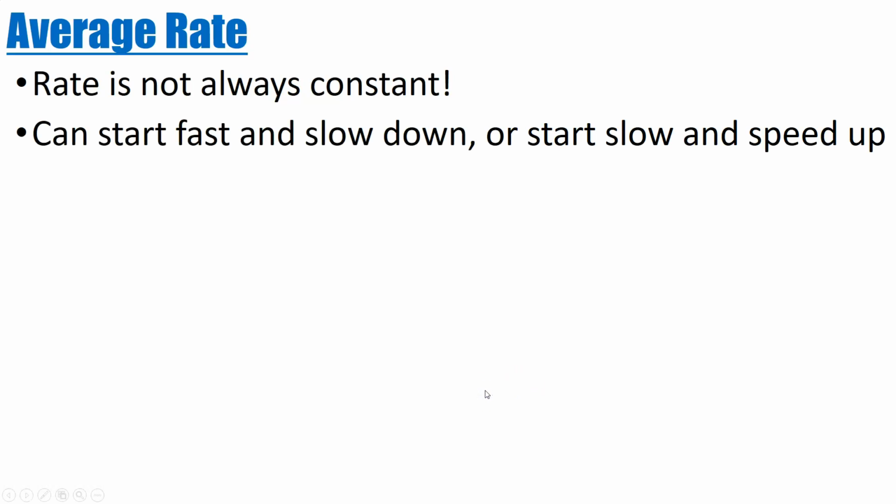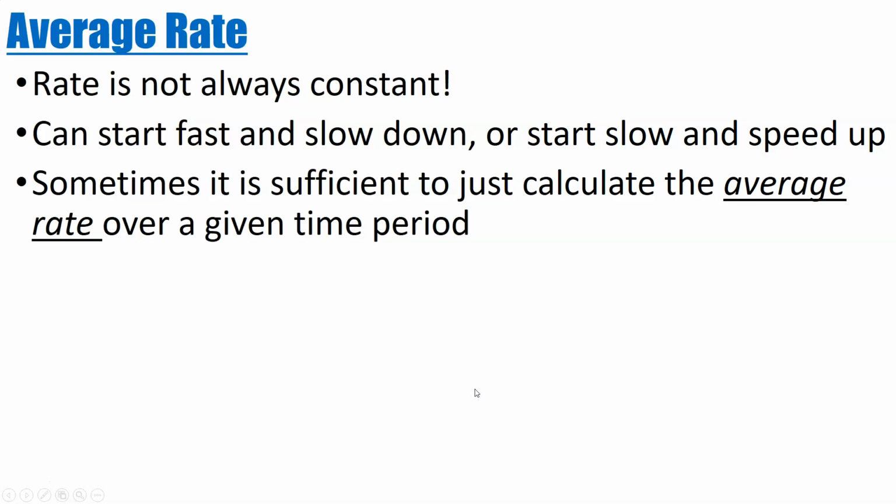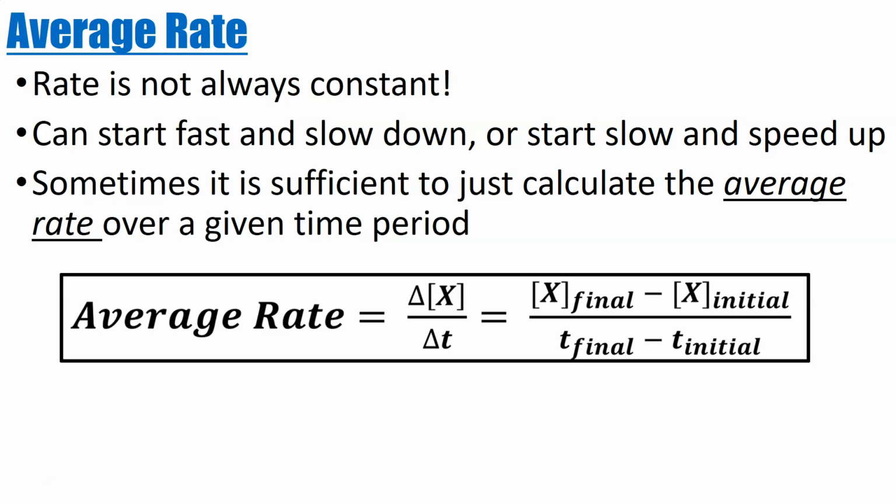So what that means is it's really annoying and hard to measure. So sometimes we're just going to be lazy, and we're just going to calculate the overall average rate for the entire thing, or for a specific period of time. That can be way easier to calculate. Here's the generic equation for it: the change in concentration over the change in time.